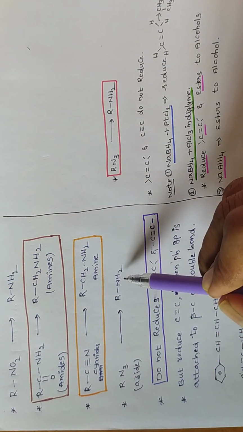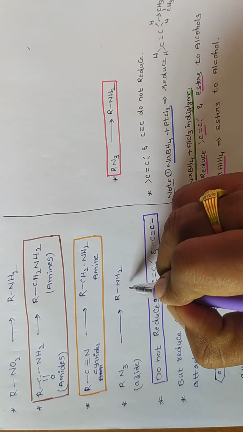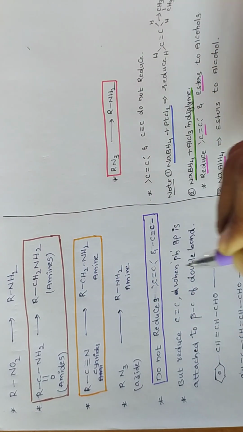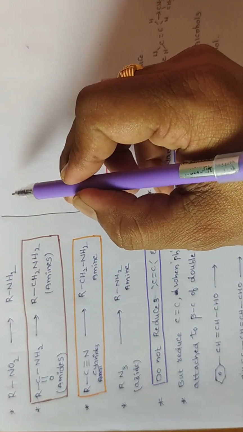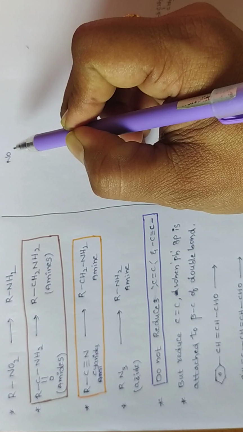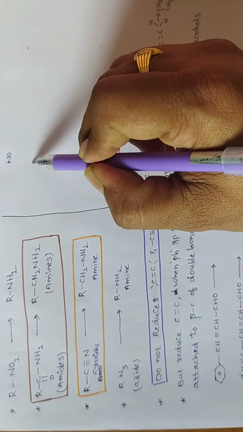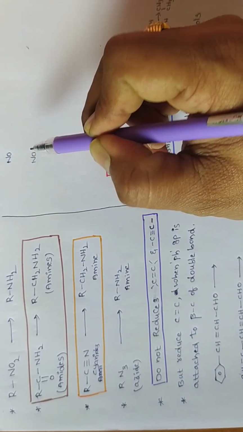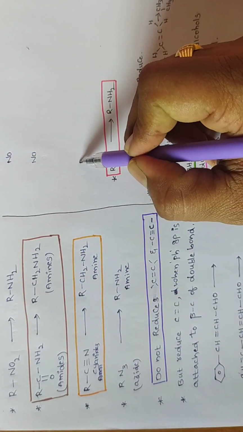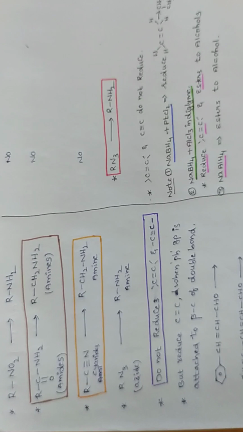Next, azides to amines. Azide is converted into amine. Next, what about sodium borohydride? It does not reduce. No reaction for amides to amines. Sodium borohydride does not give the reaction. Next, cyanides to amines: it won't give any reaction.